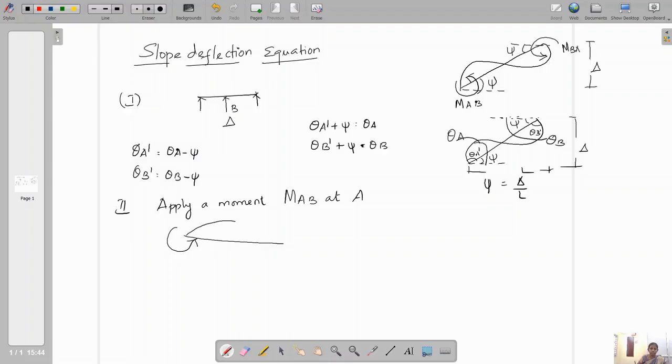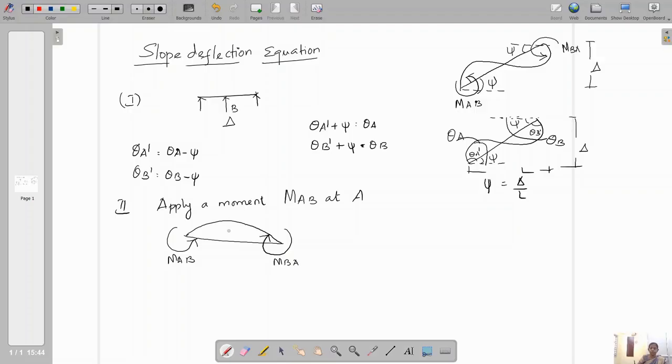Definitely this element will be deflecting like this. So the opposite end will have the moment direction like this due to the hogging moment. Due to this hogging moment, we can get these directions. This is MAB. Here it is MBA.